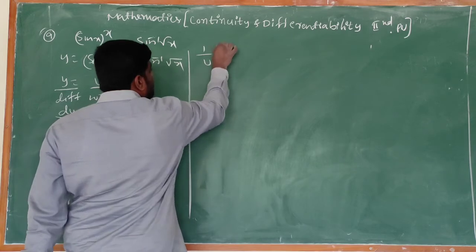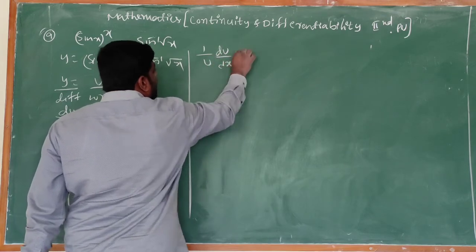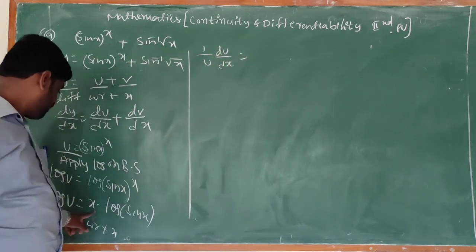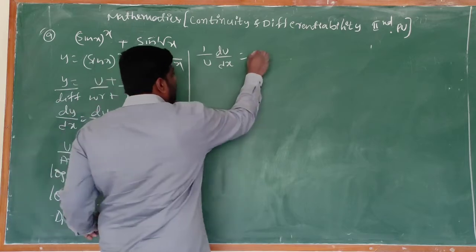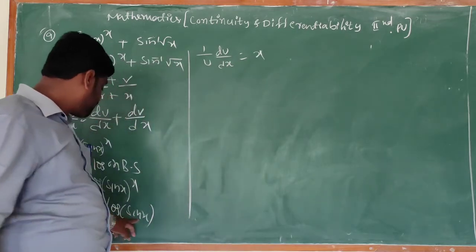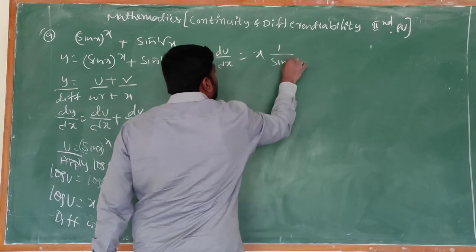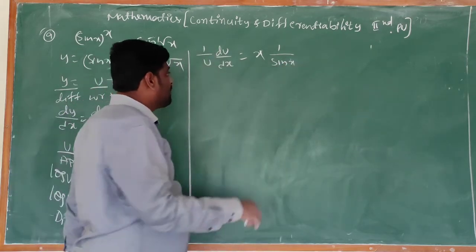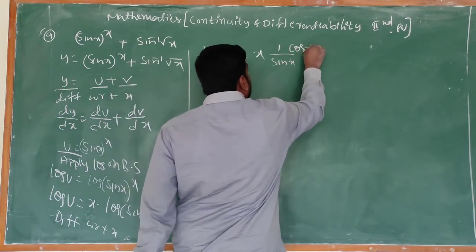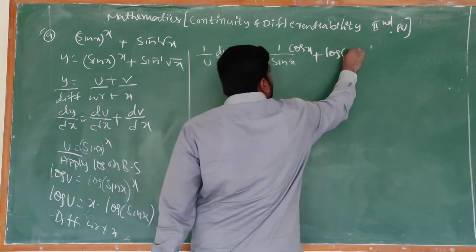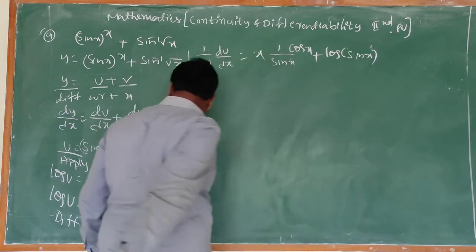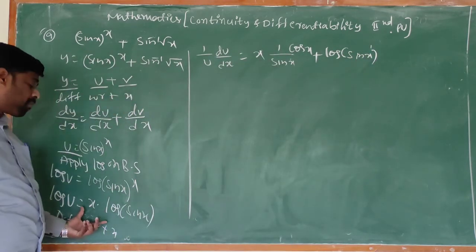U differentiation is du by dx, equal to x as it is, log of sin x. Log differentiation is 1 by sin x, sin x differentiation is cos x, plus log of sin x, here we are using the product rule.